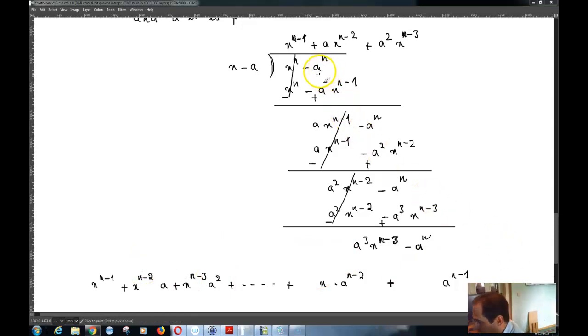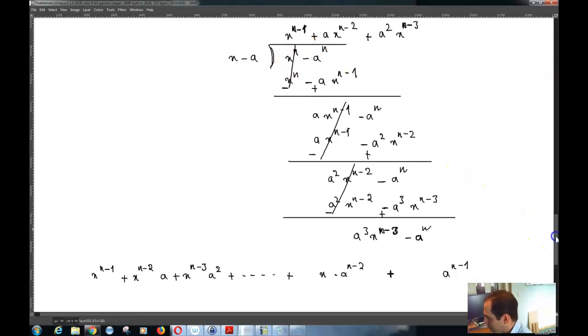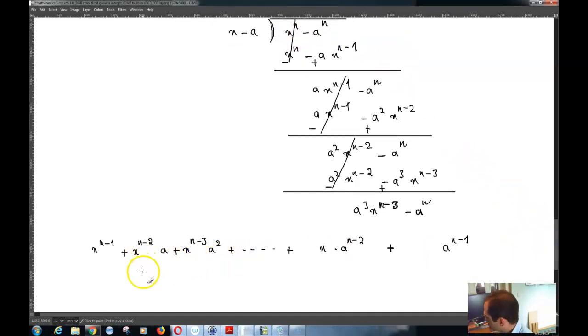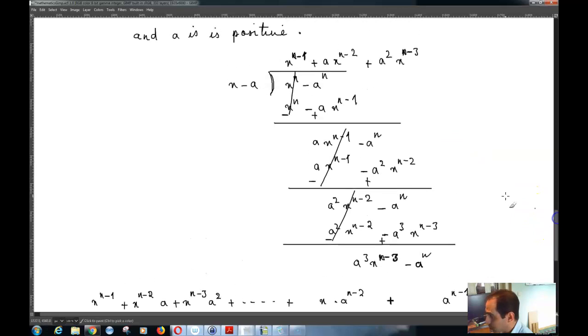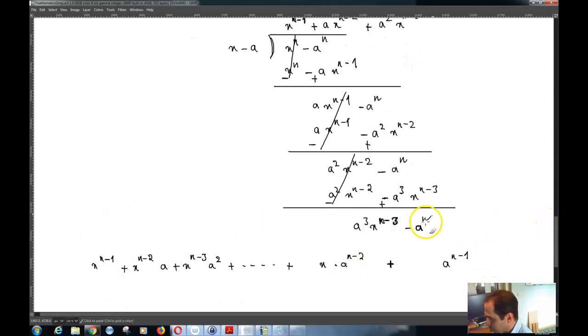What that means is that if you divide x raised to the power n minus a raised to the power n by x minus a, you will get this quotient over here.